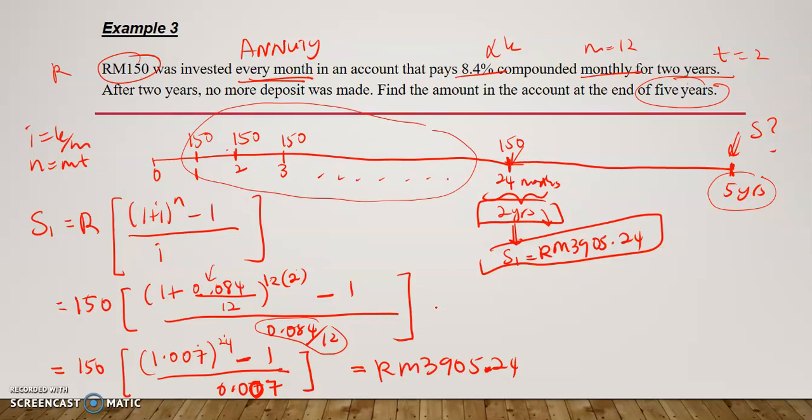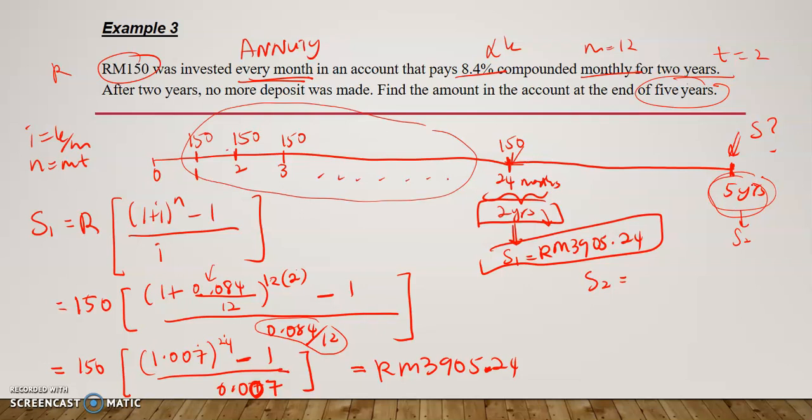But now we want the value of the investment after 5 years. So you must find the S2 here. Because this is compound interest. Once you put your money in the bank, the next day, your money will increase because we have the additional amount of interest.